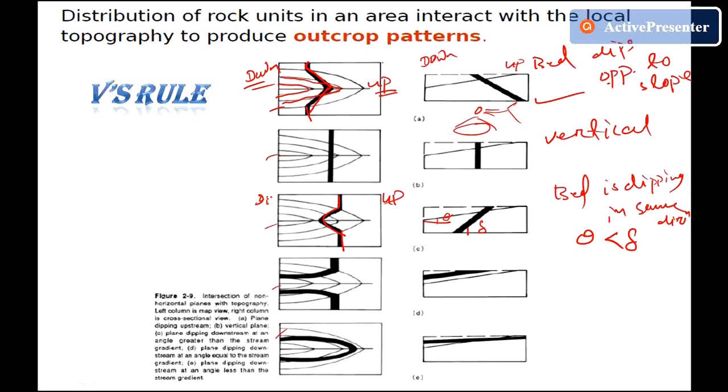So it is showing the opposite pattern. It is pointing towards the downstream direction, which is the only condition when it shows downstream, that is, the dip is steeper. Then let's complete this part, then we'll go to that.